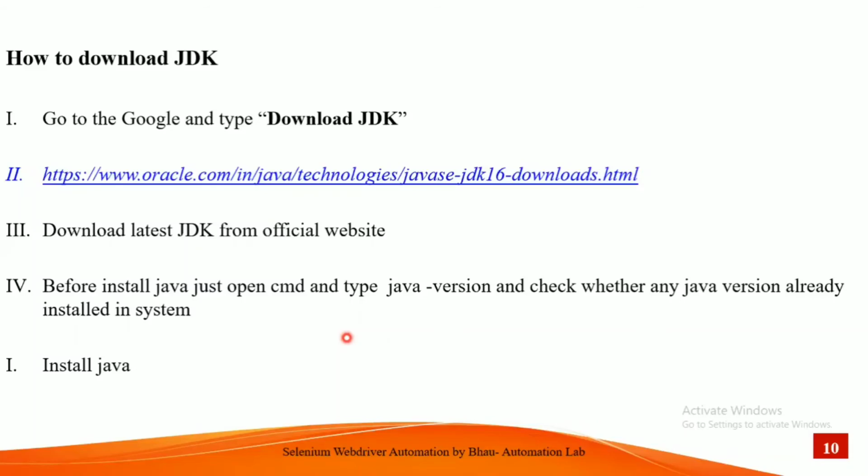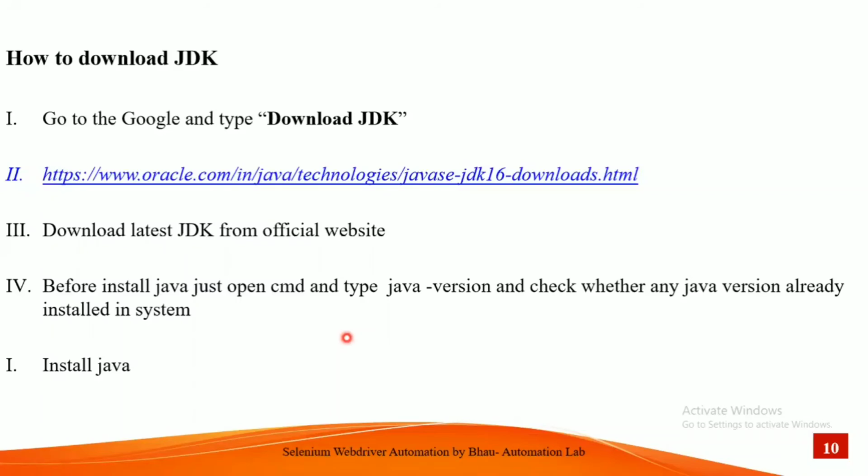Whenever you want to run any Java program, the system checks whether Java related software is installed in your machine. The system goes to the environment variable, which is the heart of the system, and checks whether Java related software is installed. If the system finds that Java related software is installed, then it will run the Java program or any programming language. Like if you want to run C or C++, for any language, we need to set up the environment.